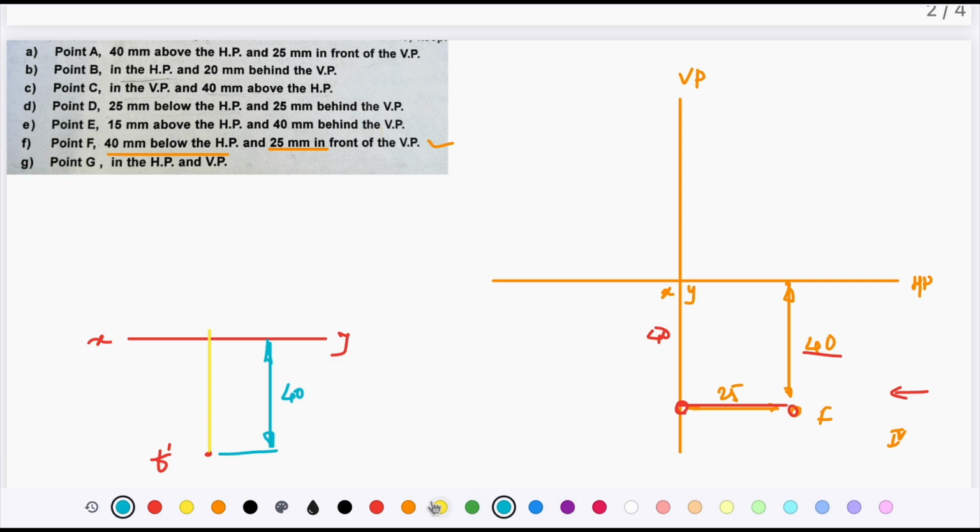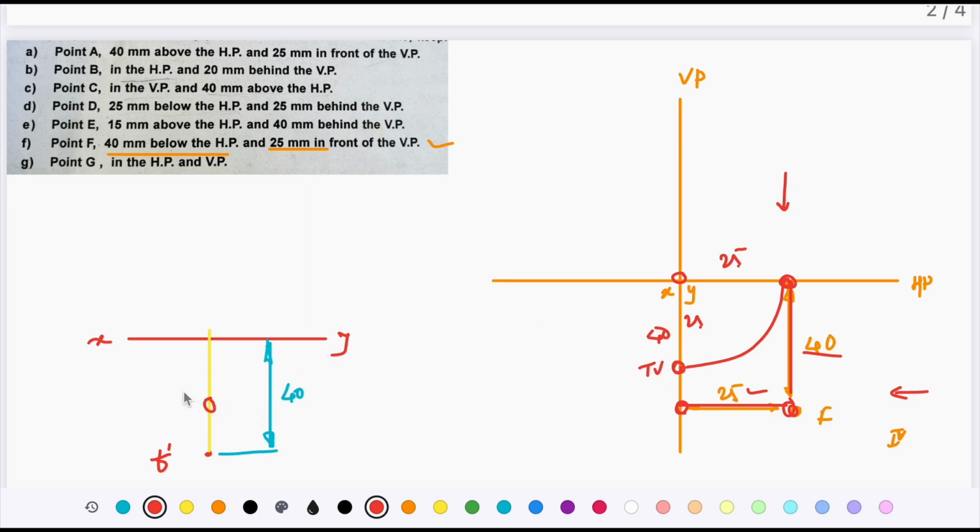Now let's draw its top view. It will be projected on this horizontal plane over here in front of VP 25, so it will be 25 in front of XY or 25 from XY, and as it is appearing on HP, I'll have to rotate it clockwise by 90 degree, so that will be 25 mm below XY, and that is our top view.